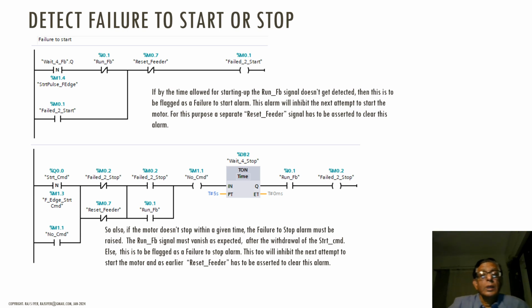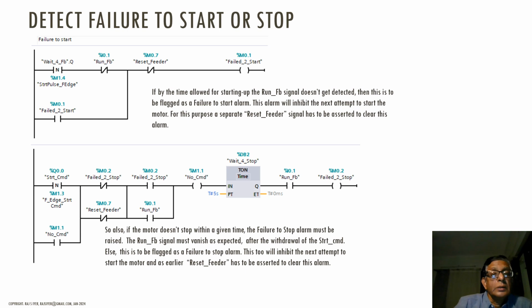So this is, as I told you, similar to the tripped in run condition. When you withdraw the command and wait for a short while, then the run feedback has to vanish. Otherwise, this has to detect that fail to stop flag.